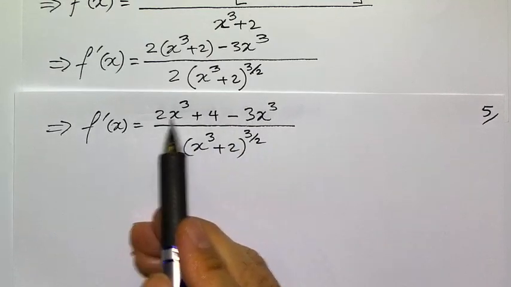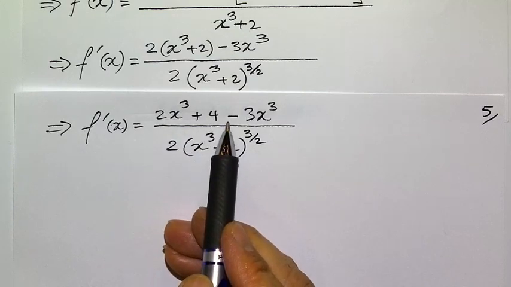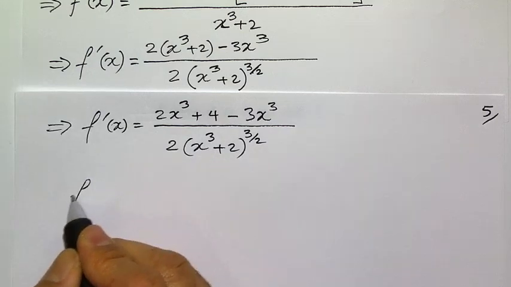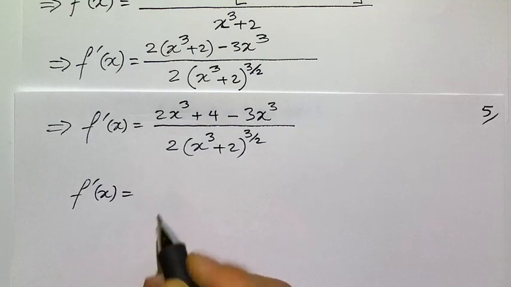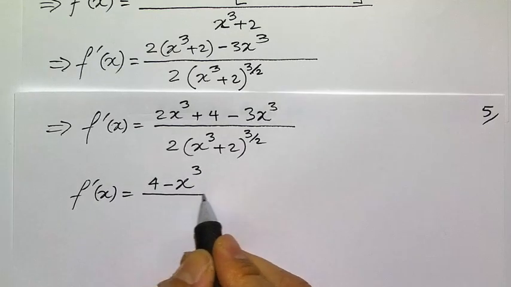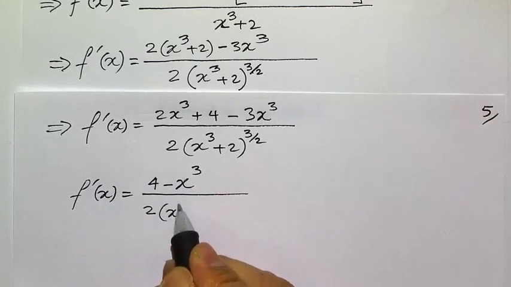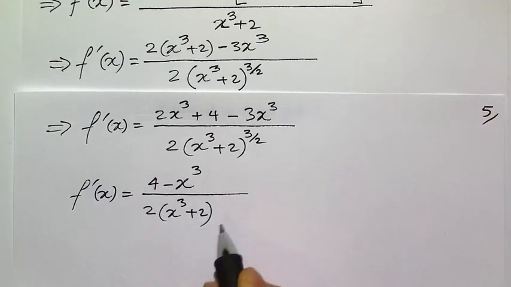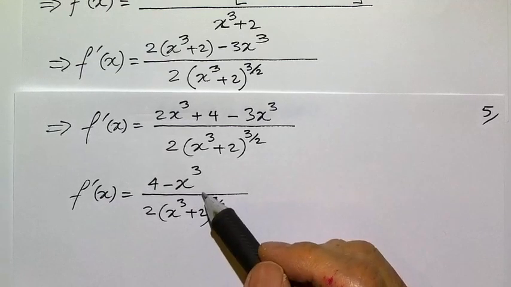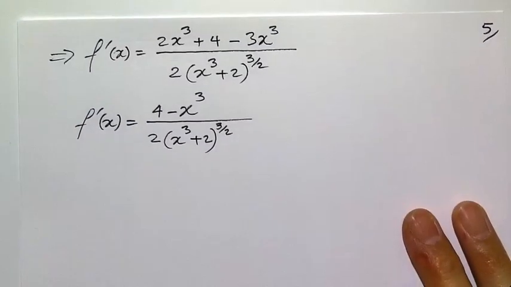Of course, we can combine these two. We will get 4 minus x cubed divided by all of this. Okay, so now we have this expression simplified as much as possible.